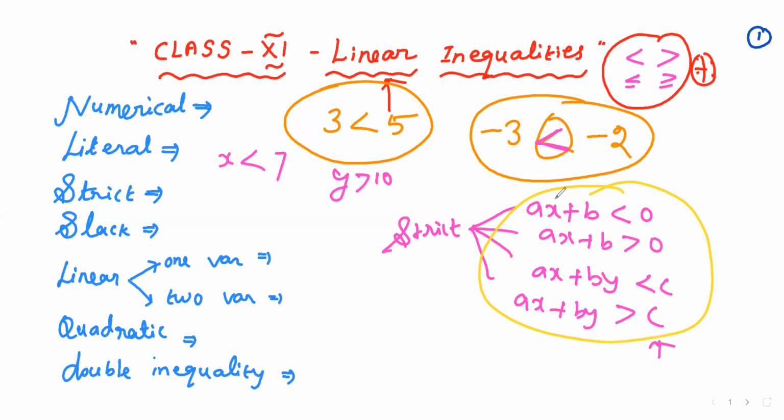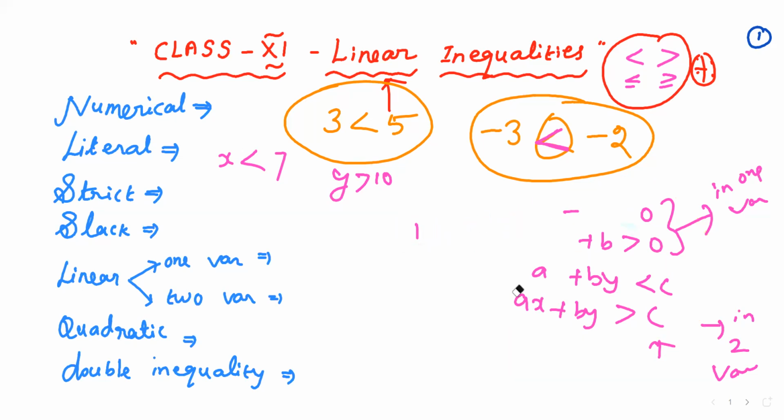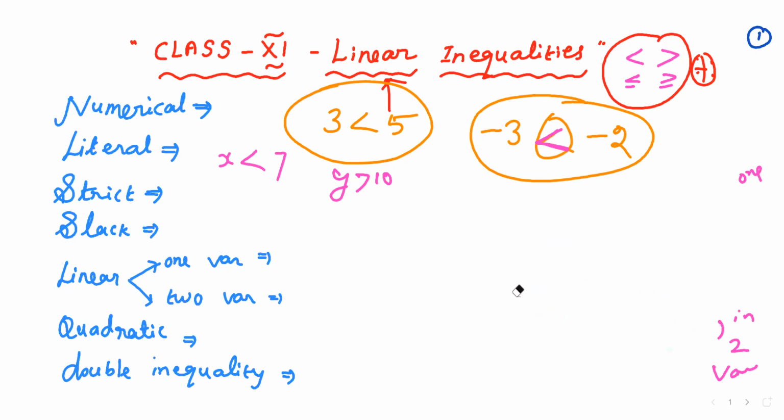The first two are in one variable, and these are in two variables. These are the basic things you know, I think. And linear equations in one variable, what is that? Something like 2x plus 5 is equal to 0, right?